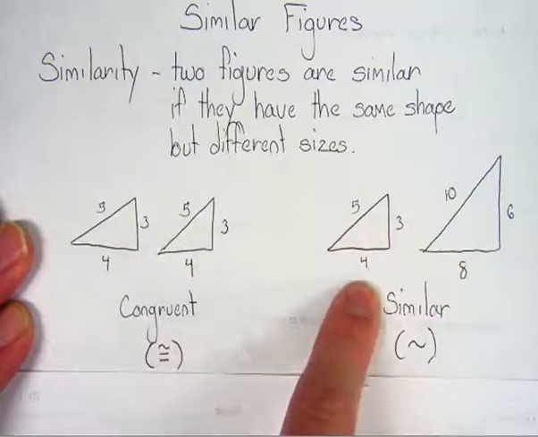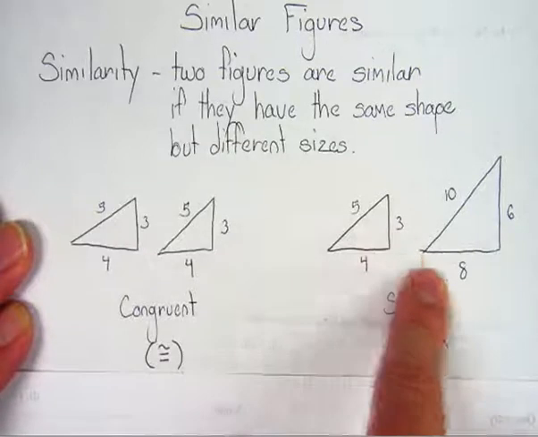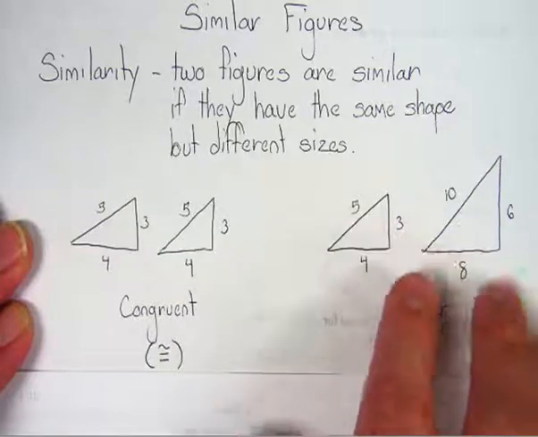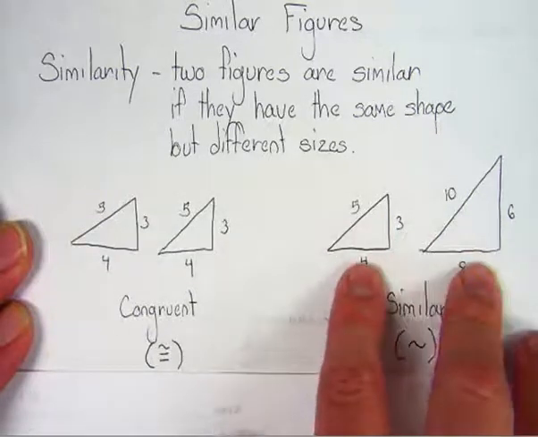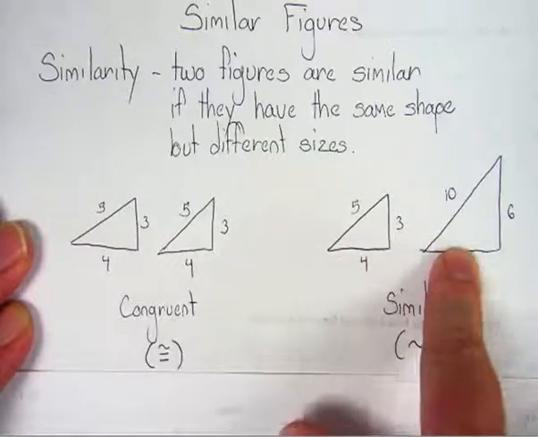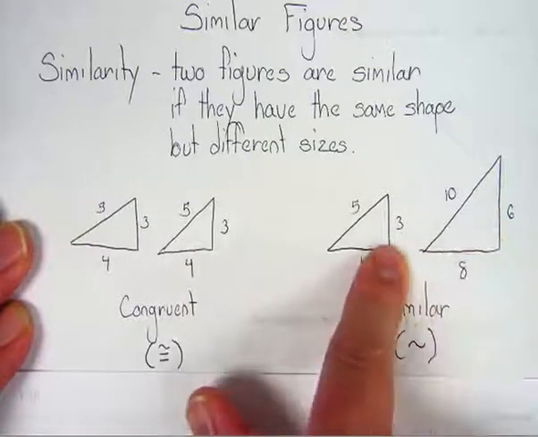So 5 would become 10, 4 becomes 8, 3 becomes 6. So the connection between similarity and dilation is that similar figures can be created by dilating one of the figures. If we dilate this figure, we can turn it into this, or the other way around if we invert our scale factor.